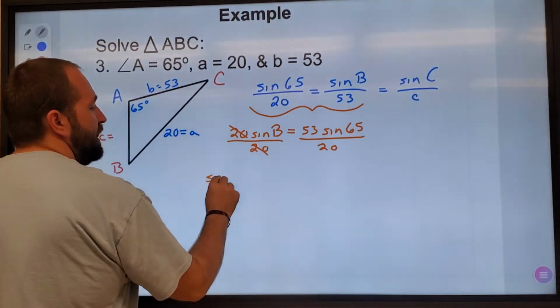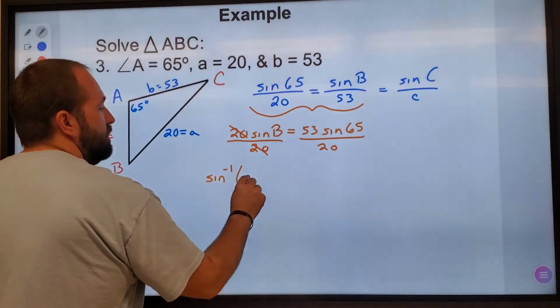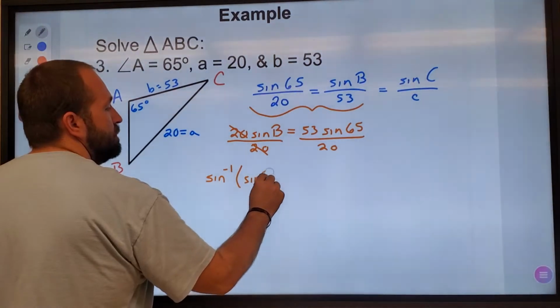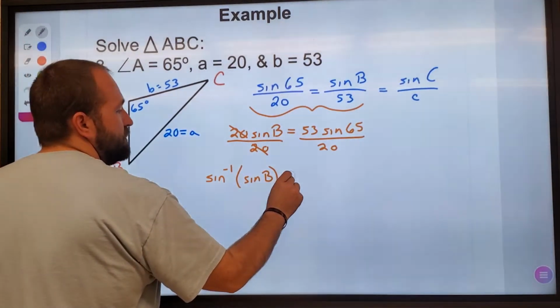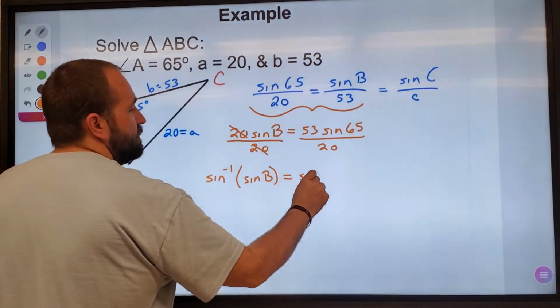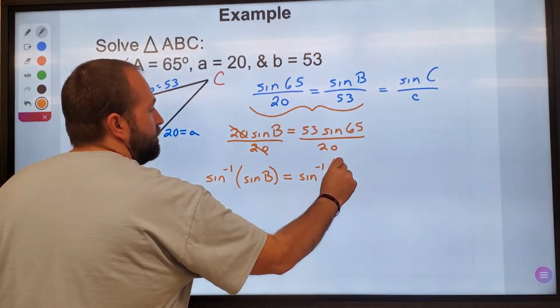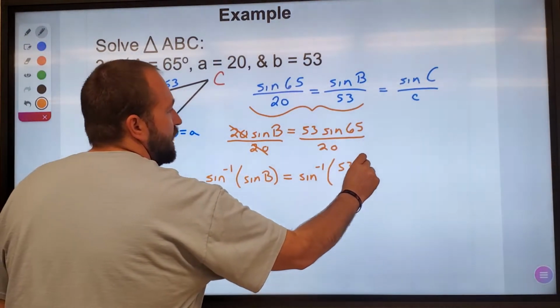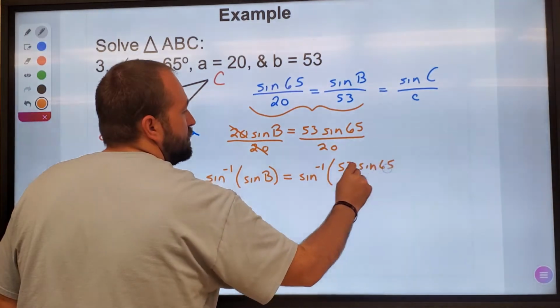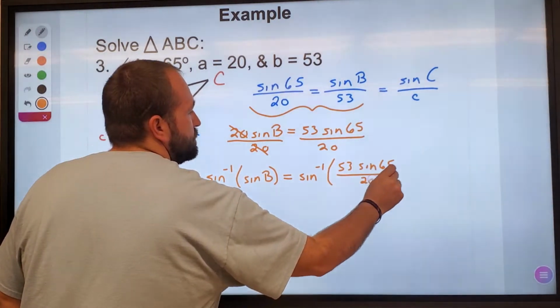So inverse sine of the sine of B is equal to the inverse sine of 53 times sine of 65 divided by 20.